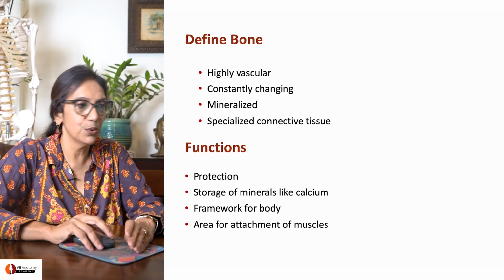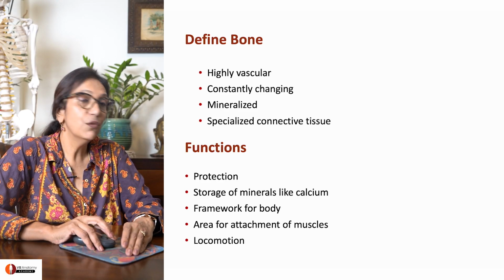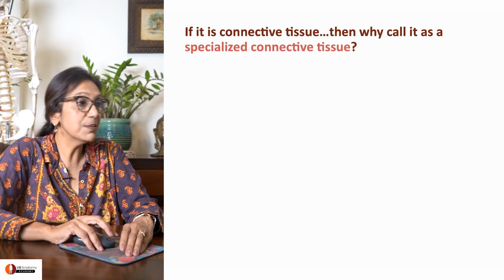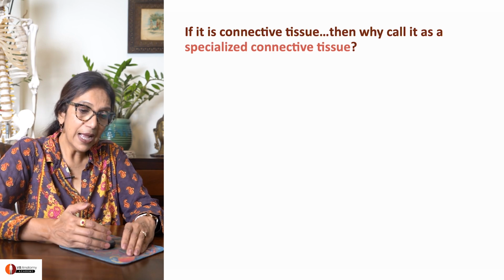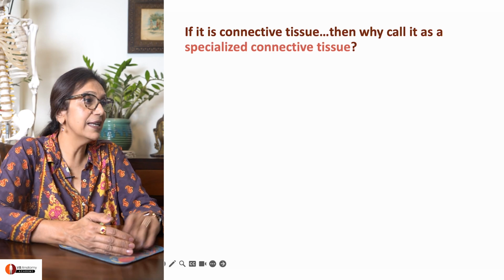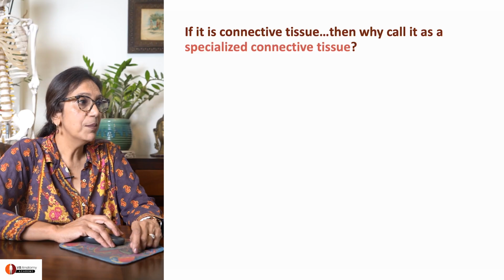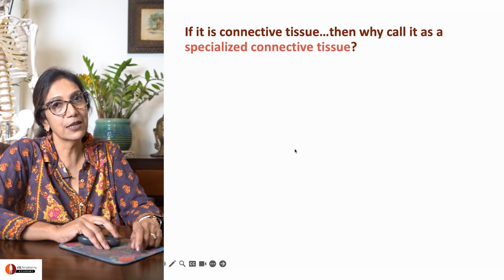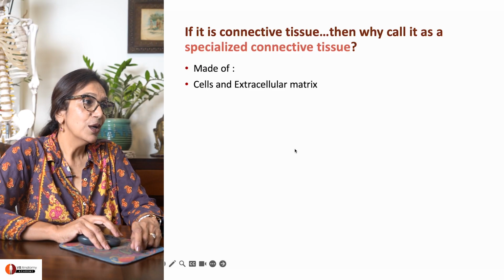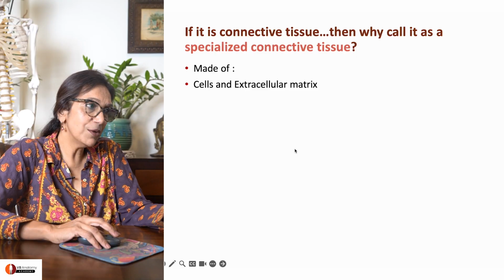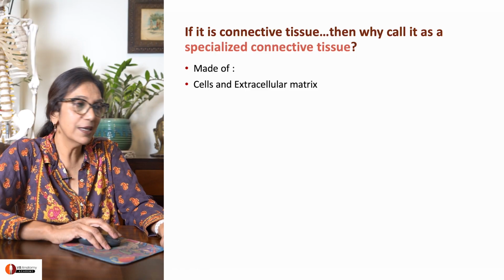I know what is bone, but what we want to do is understand its microscopic structure. I have said that it is a connective tissue, but we are calling it specialized connective tissue. Any connective tissue is made up of cells and extracellular matrix, correct?